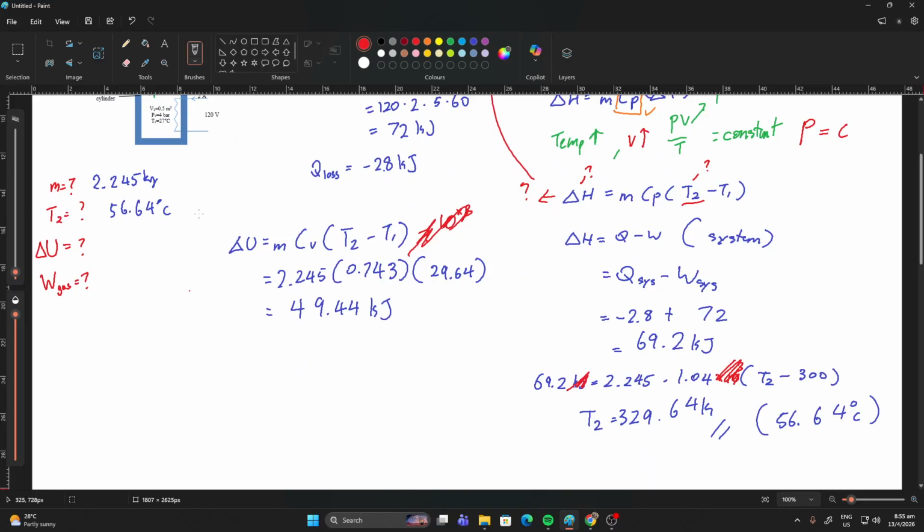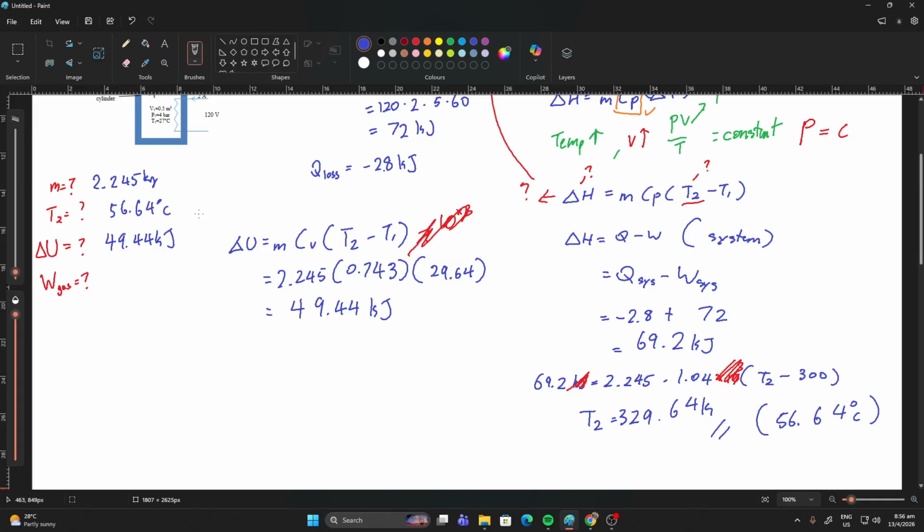49.44. Yep. So you might be asking yourself, but you literally just said do not use internal energy change. Then why are you still using it? Well, first thing first, the question asked for it, and what the question is trying to do is they want you to find what is the energy change for this particular factor alone.